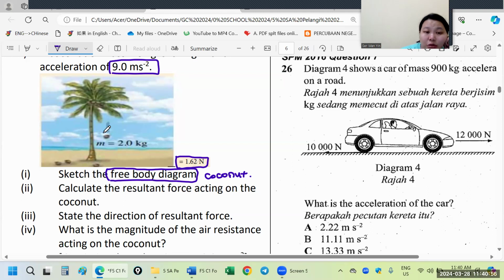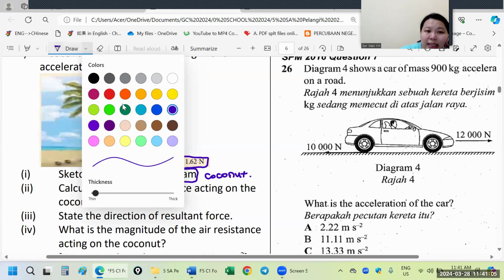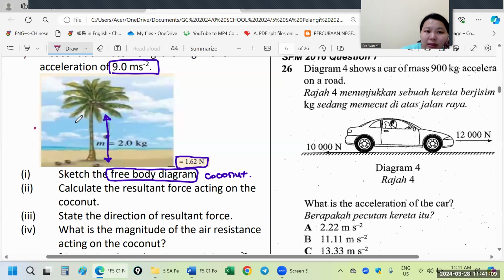Okay, now I show you the answer. You can either draw on the coconut, up and down, or you can draw beside. You want to draw beside also can.